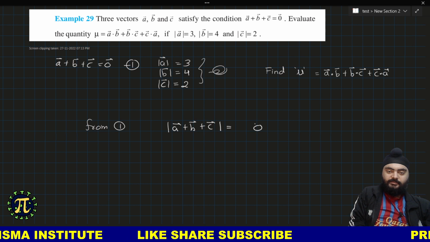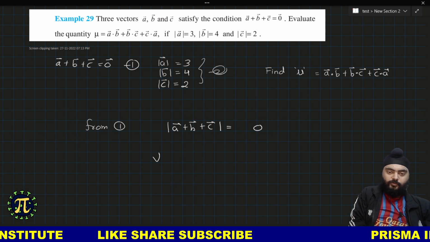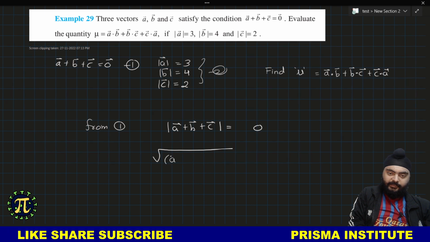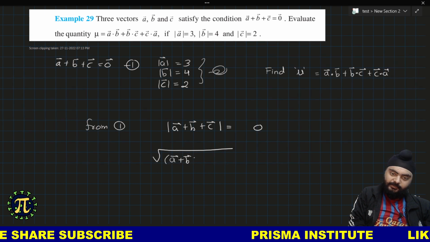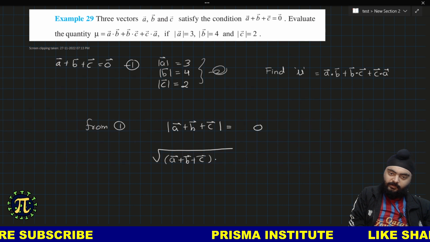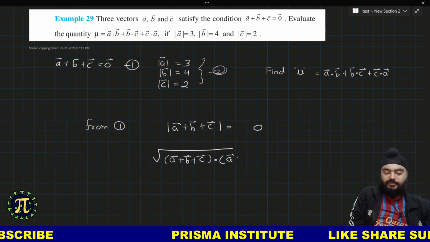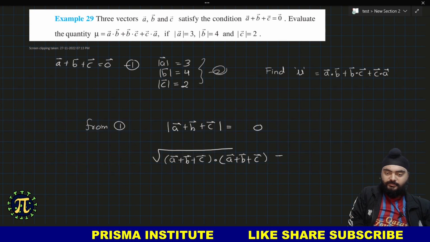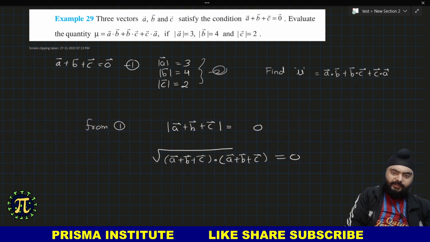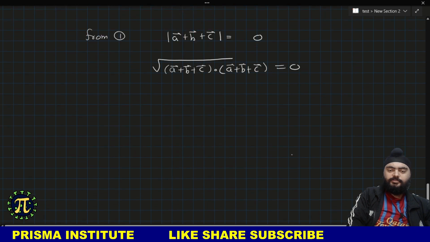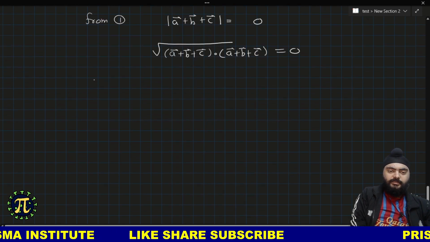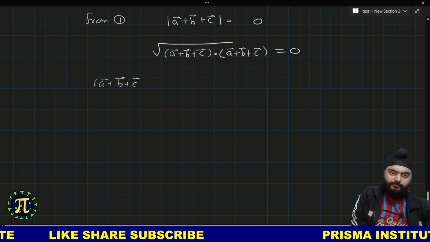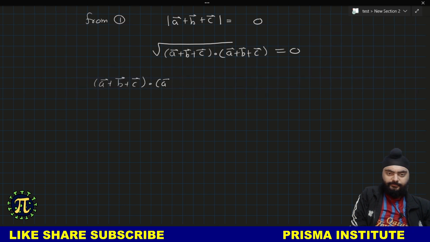So that means square root of A plus B plus C का dot product with itself will be 0. And we can remove the square root by squaring both sides. So A plus B plus C का dot product with itself will be 0.